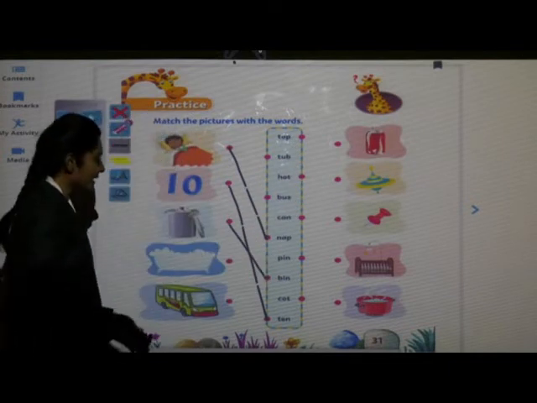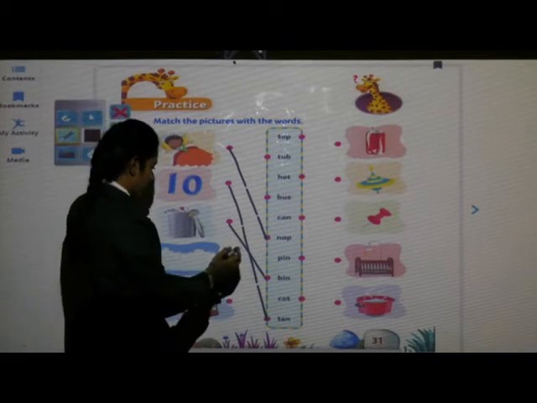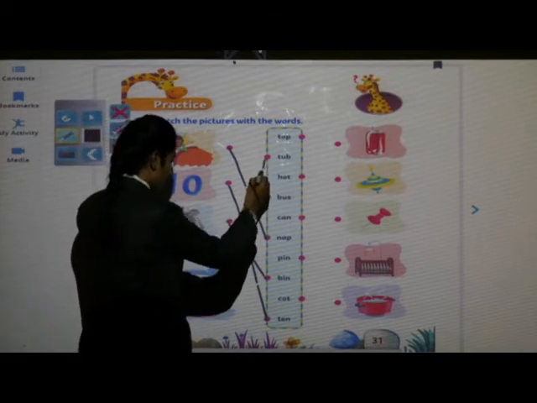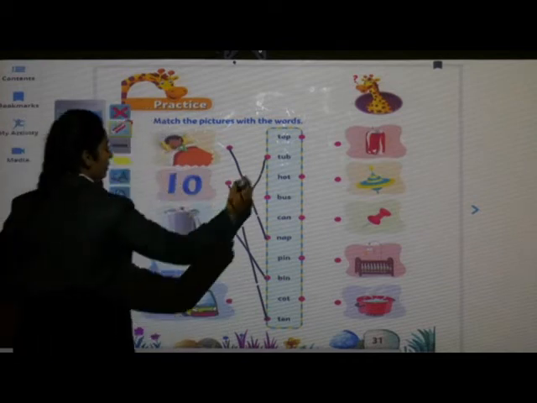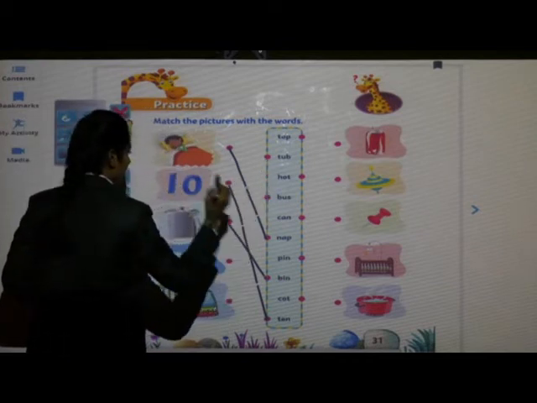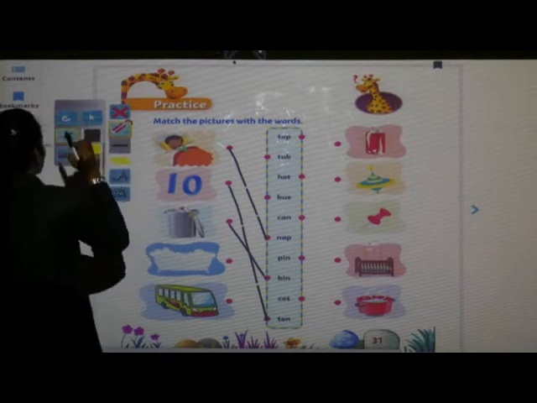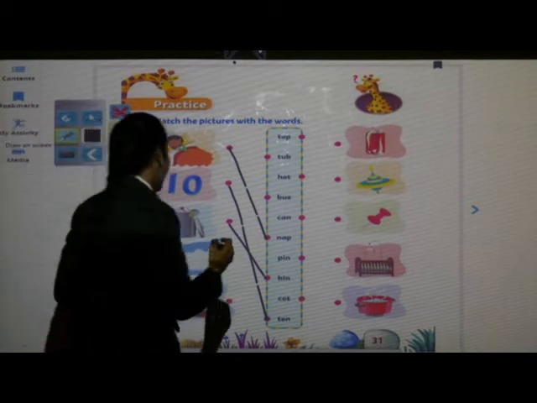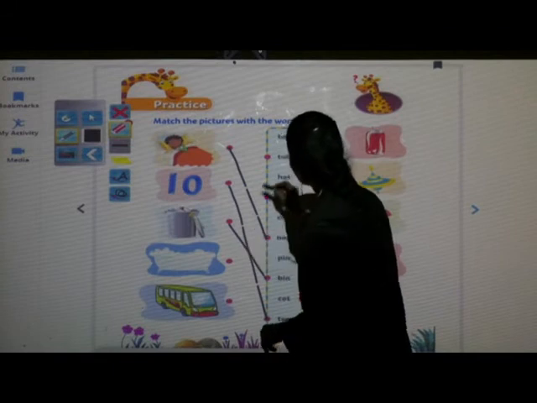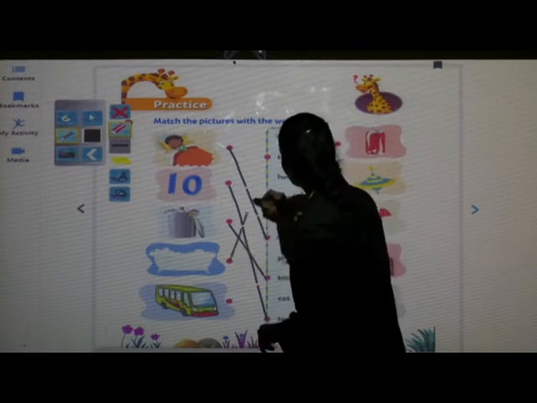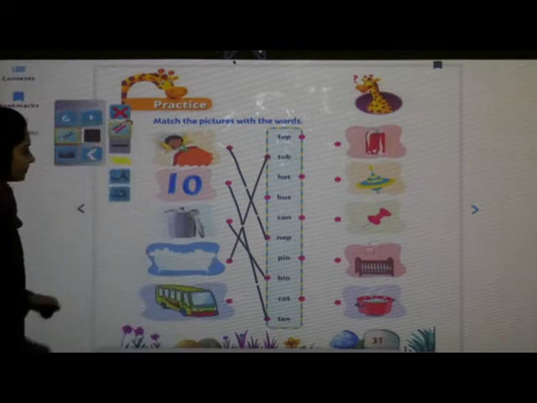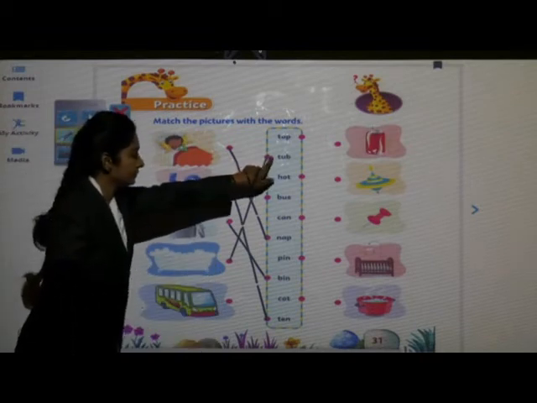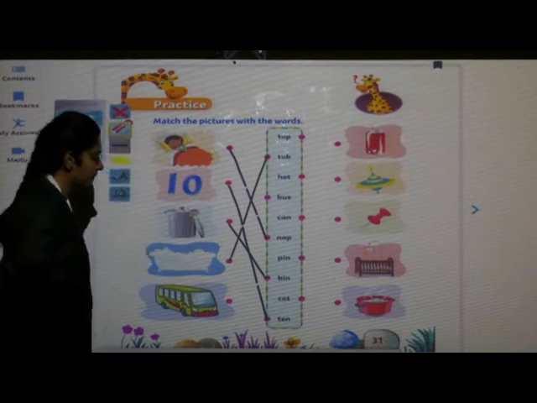So, what you have to do is, from here to here, you have to join. Take the scale and you can join this tub to this spelling. Join. See children, here to here.